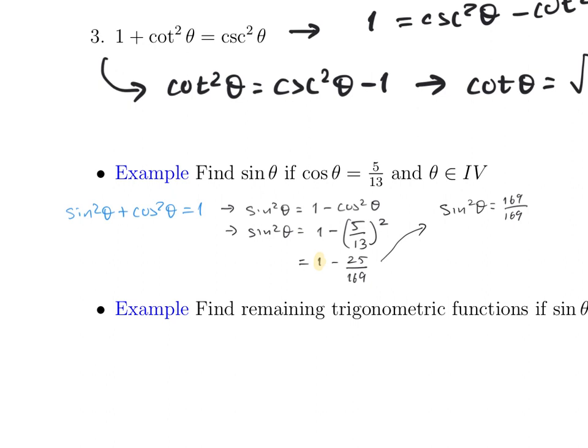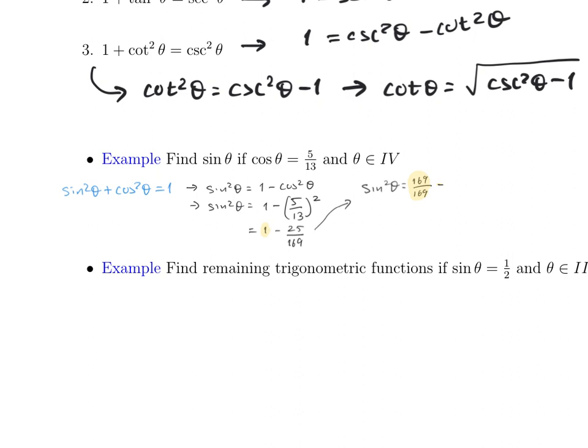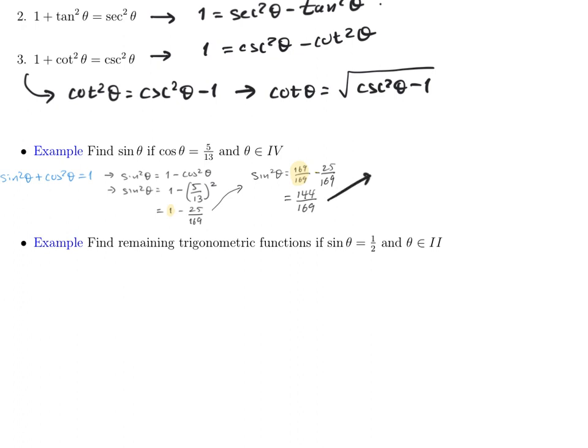Okay, so that's not a tricky question. You should check on that. The only reason why we did that is because you want to combine it with the other part. So this will be minus 25 over 169. And this is 144 over 169. So therefore, sine squared theta will be 144 over 169.